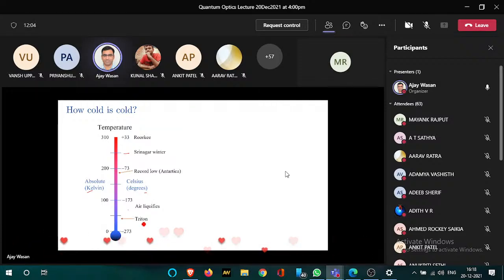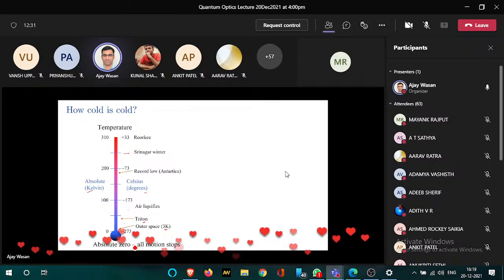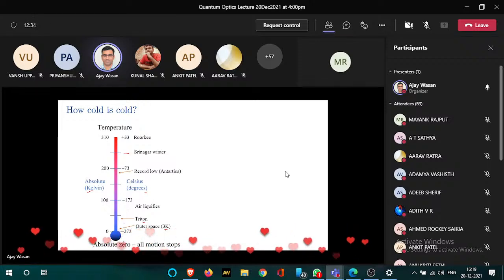And this is outer space, where you go to Triton, some planet, temperature this much. And outer space temperature will reach about 3 K. It will reach a very low temperature, 3 Kelvin I am saying, but we are not reaching 0. Okay. So absolute zero means all motion stops.